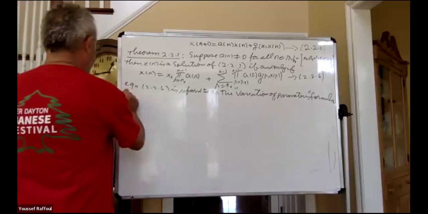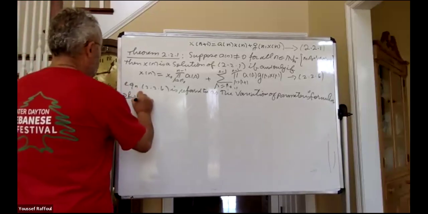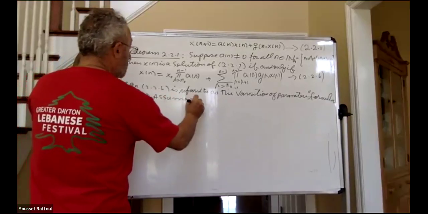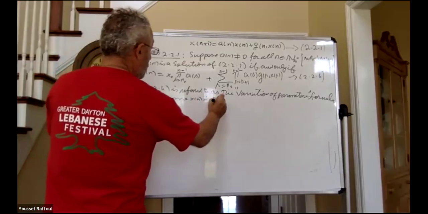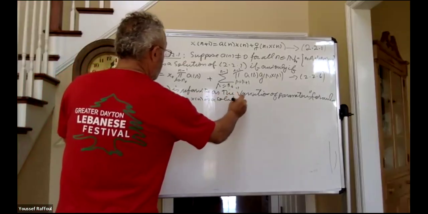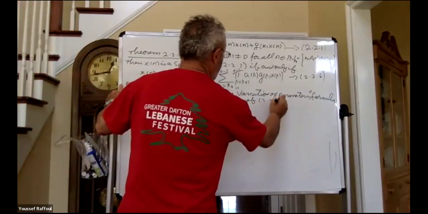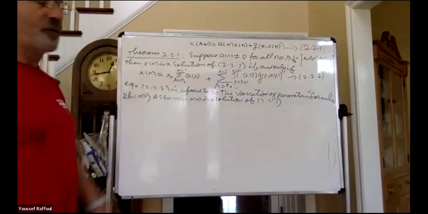So, proof. We're gonna go this way. Assume x_n is a solution of 2.2.1. So we're gonna assume it solves 2.2.1.